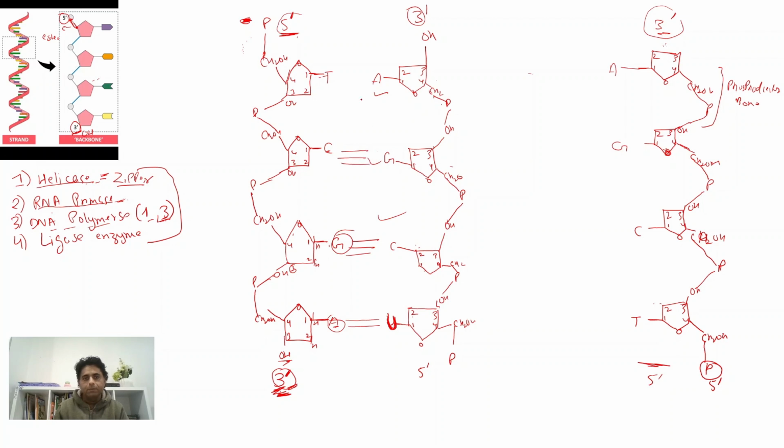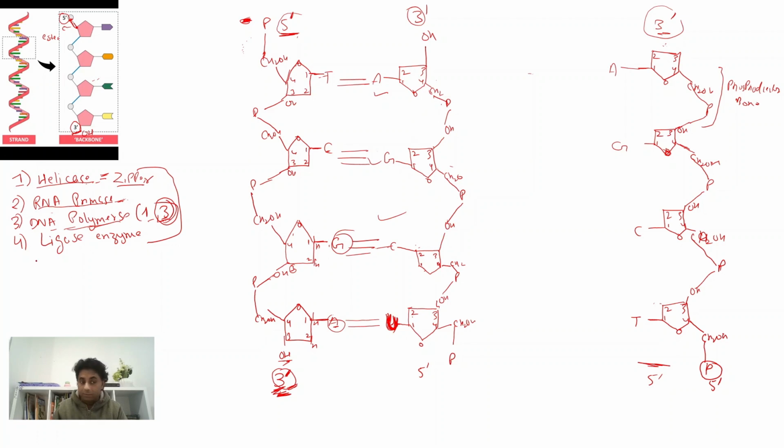Okay, and double hydrogen bond. So this work has been done by the DNA polymerase. In the starting, only the uracil has been added. This is the mistake. We need to fix this mistake. Okay, but the rest of the strand is done by the DNA polymerase 3. Okay, so DNA polymerase 3 builds up the rest of the strand.